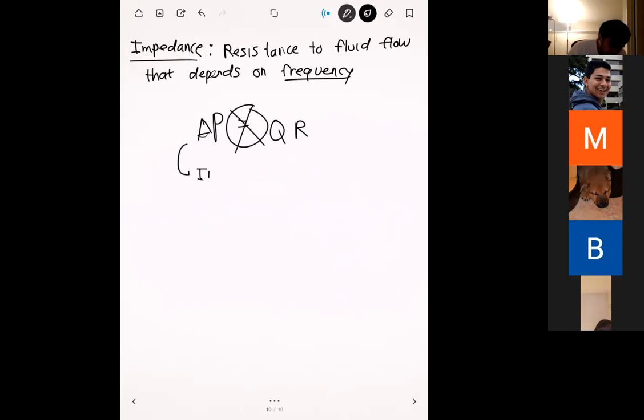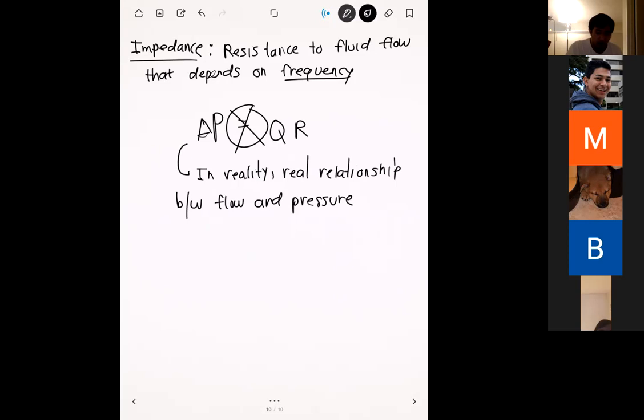In reality, the real relationship between flow and pressure is not as straightforward as this, because it's affected by things like wall deformation, inertia, and wave reflections.